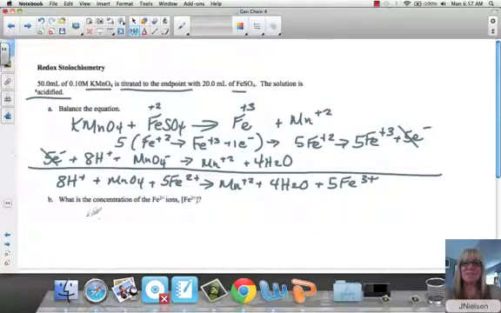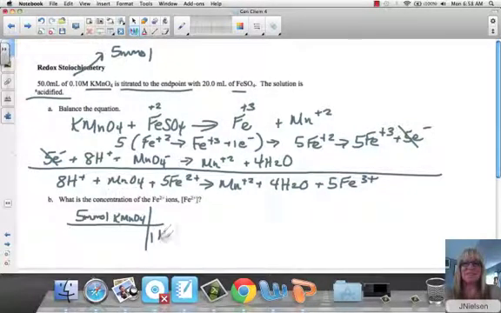So now that we have a balanced equation, let's see what we started with. We started with 50 mils of 0.1 molar KMnO4, which is going to give us 5 millimoles. So I've got 5 millimoles of the KMnO4.